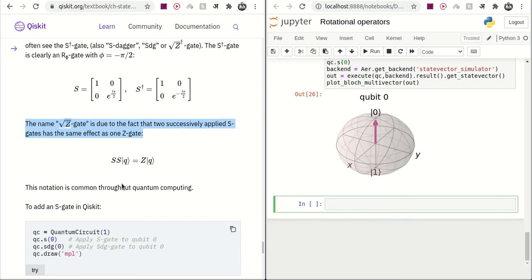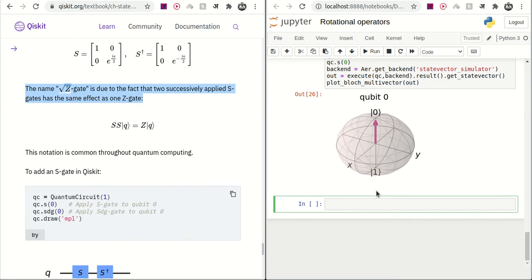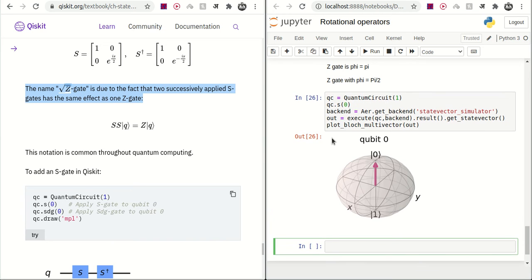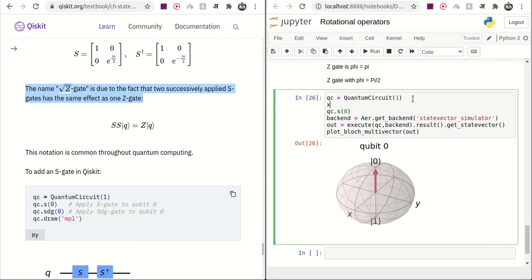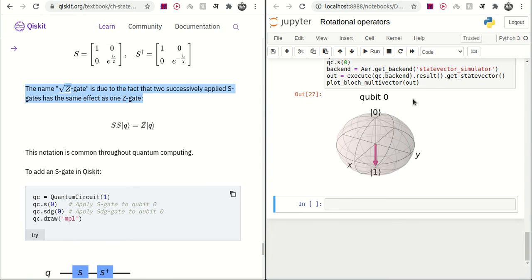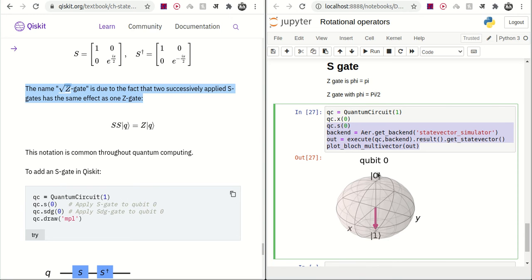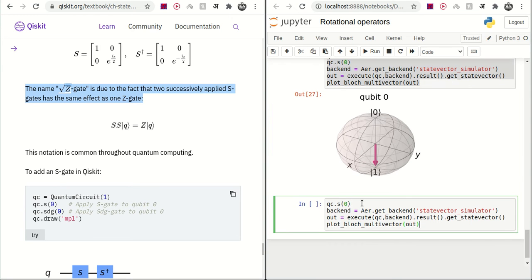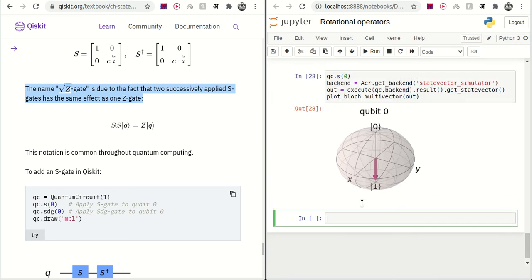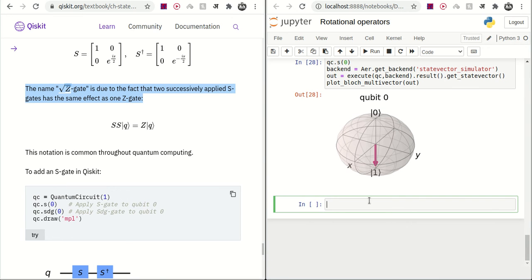Nothing is happening. Why is this? Let's convert it first: qc.s on 0. You can see the S is happening now, so this is okay, no problem.